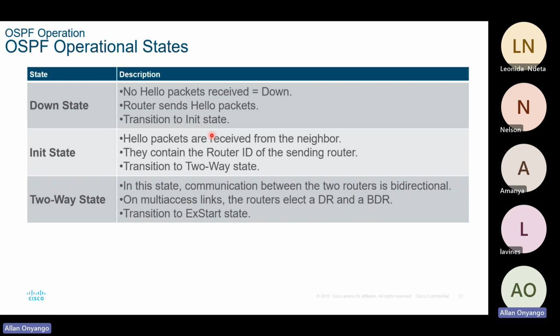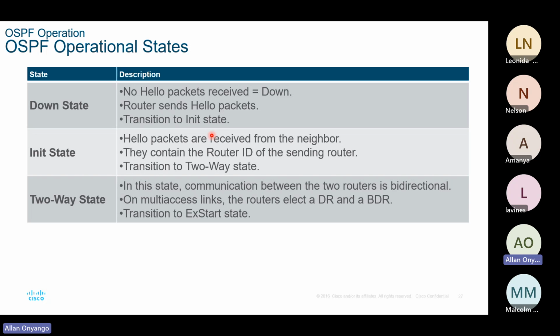Two, until all the routers have learned about all the routers, which means every router in the domain or in the area has information from all the routers in that area. We call that convergence. So there's adjacency between any two routers and convergence among all the routers, right? These are some of the operational states that the routers go through from the beginning to the end.